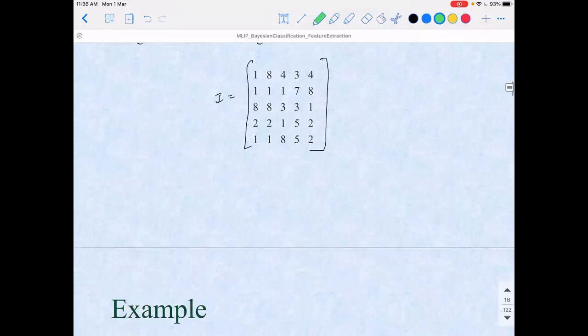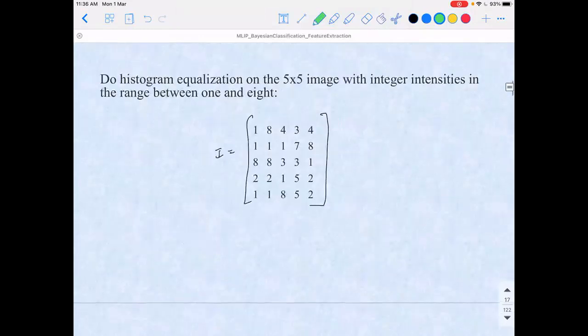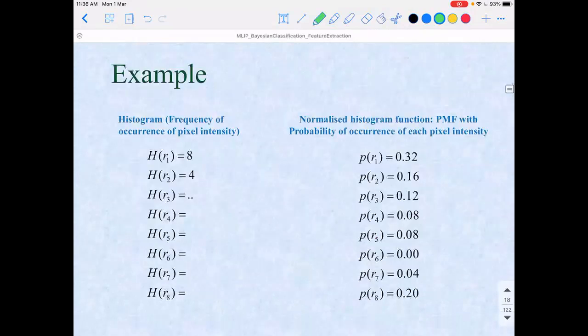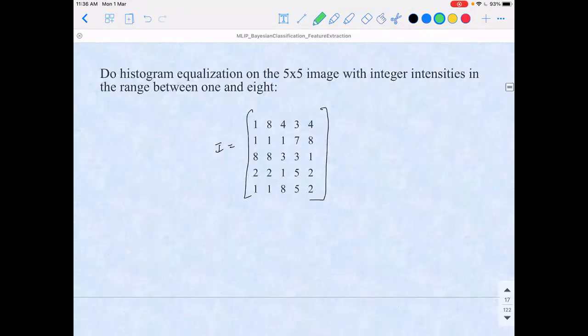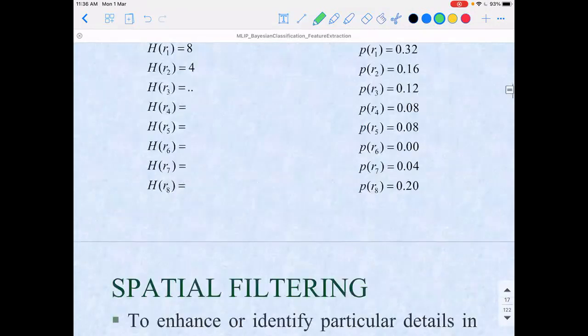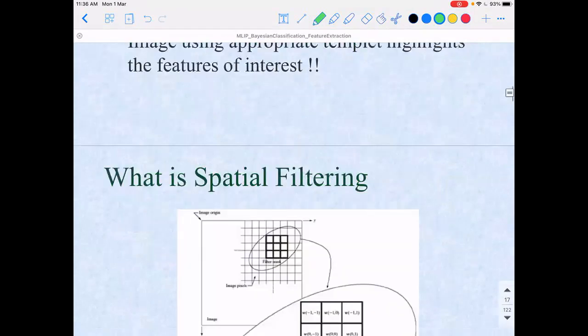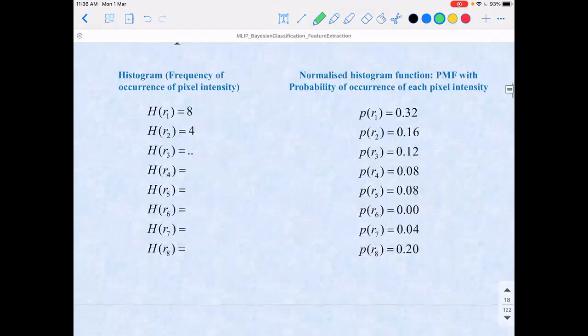Now the process is: for the given image, first find the histogram, then normalize the histogram, that is, the probabilities. Here, how many pixels are there in total? I assume it is 5 cross 5, 25. So you can make the normalized histogram. After that, from this normalized histogram, I will make the cumulative distribution function.